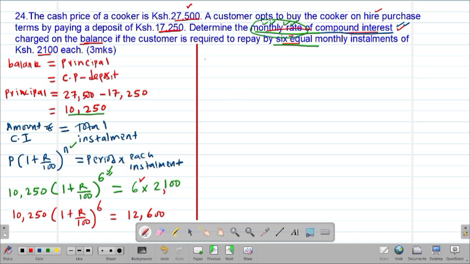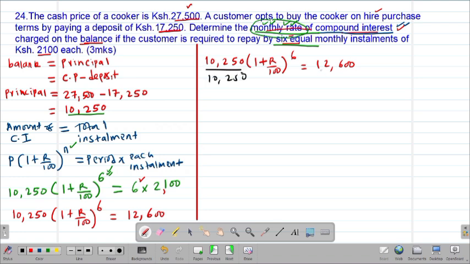So that means we have 10,250 into 1 plus R over 100 to the power of 6 being equal to 12,600 shillings.